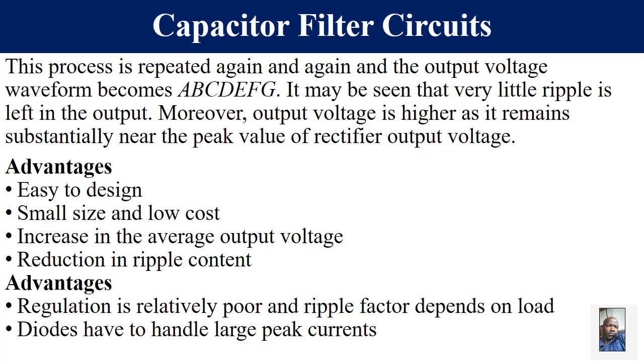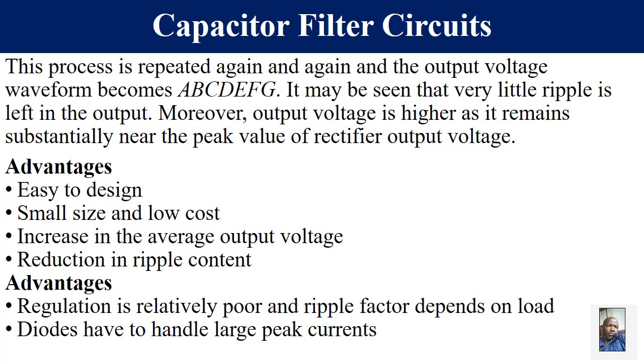So it will follow the waveform A, B, C, D, E, F, G, and you can see that there is now less ripple. As long as the voltage across the capacitor is not going to zero, we are saying it has got less ripple. And we are also saying the output voltage is higher, as it remains almost equal to the peak value of the rectifier output voltage.